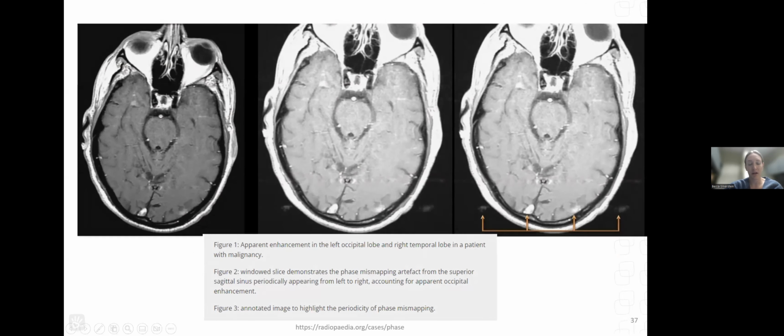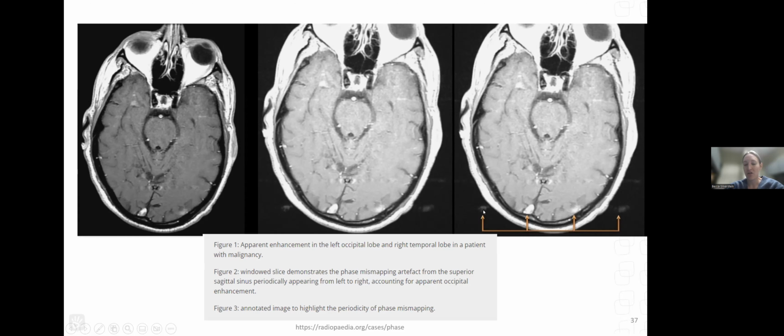So this is an example of that particular ghost. Here on the left-hand side, you can see on the left occipital lobe this hyperintense lesion, and that would be kind of suspicious, and you might want to evaluate that further. So then you take a larger field of view, so looking outside the normal confines of anatomy, and you see actually on the periphery here, you're seeing these hyperintense white spots out here in the black area, and those should not be in the black area because that's outside the normal confines of anatomy.